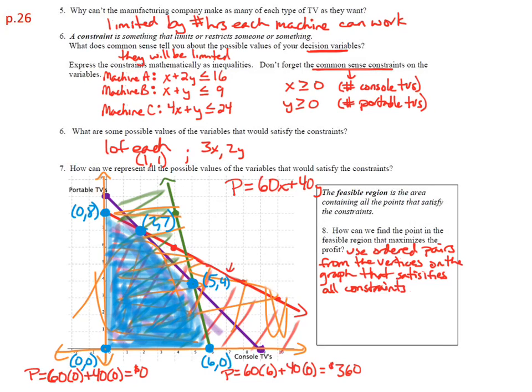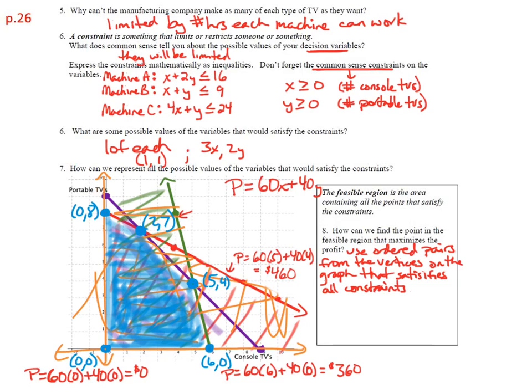Over here at 5, 4, our profit would be 60 times 5 plus 40 times 4. And that's going to give us a profit of $460.